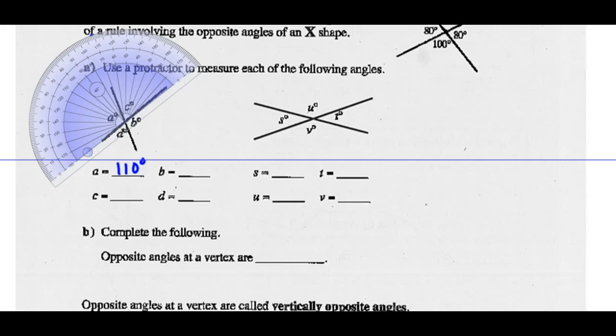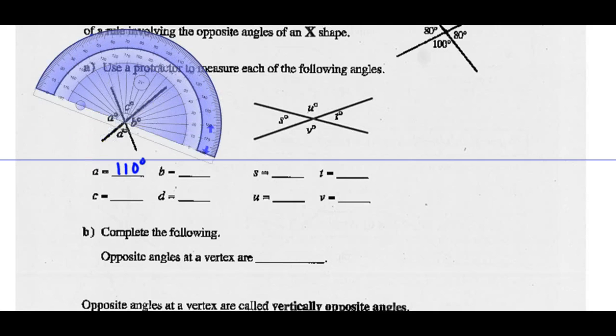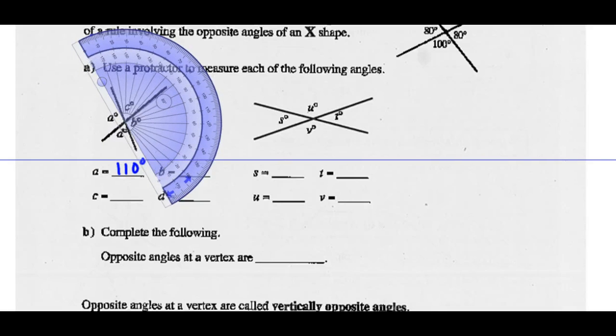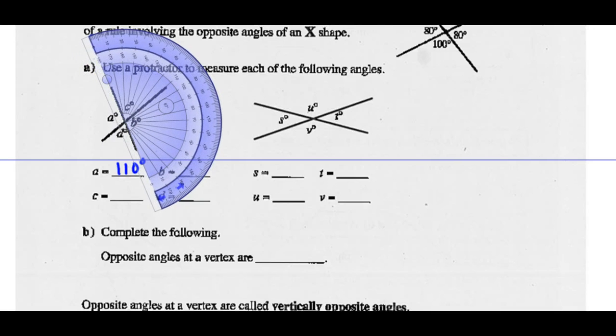Let's now measure angle C. Angle C looks to be from here to here. That's 70 degrees. All right. Angle C is 70 degrees.